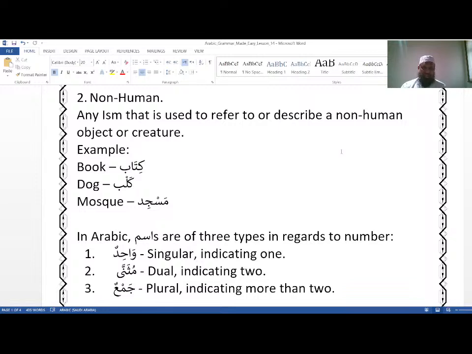What siga we're going to use, we will know only if we can find the number of the ism. Number means singular, dual, plural.